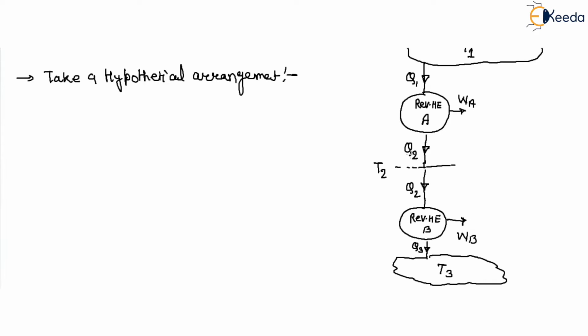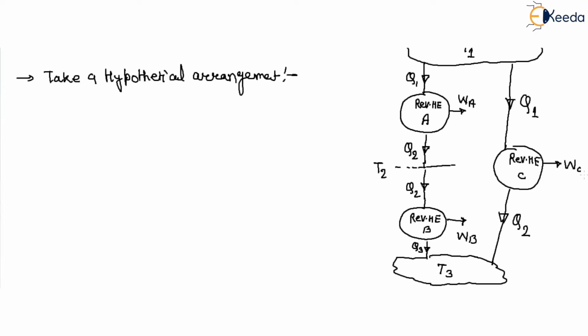Now we take another reversible heat engine C, which takes heat Q1 and rejects heat Q3, and produces work WC. All of these are reversible heat engines.